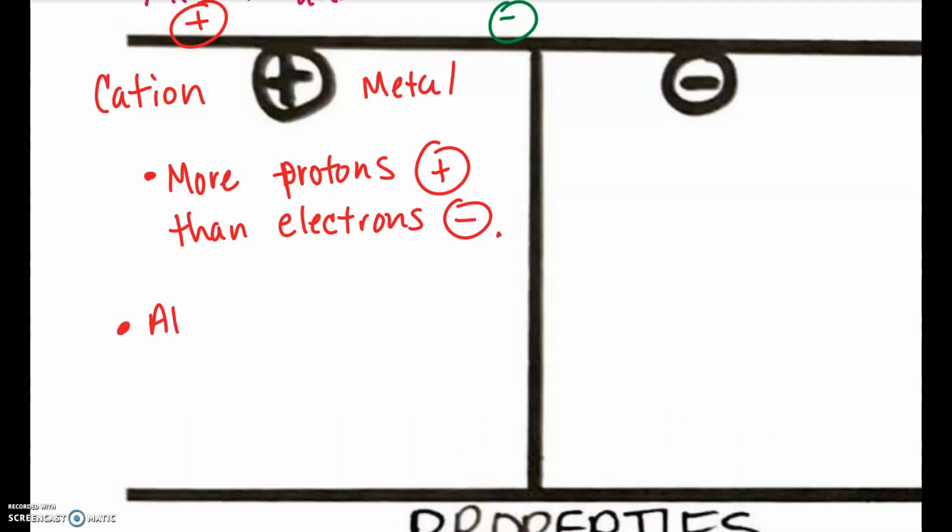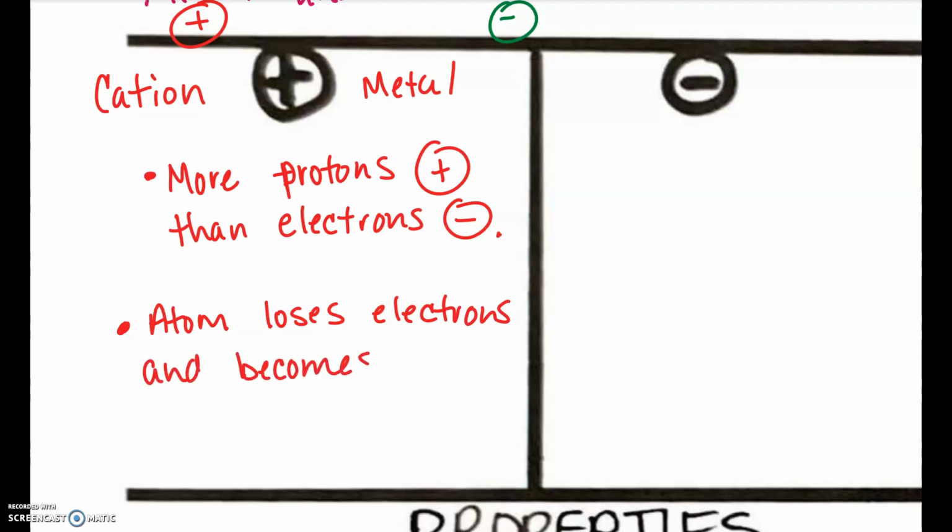The atom itself loses electrons and becomes positively charged.